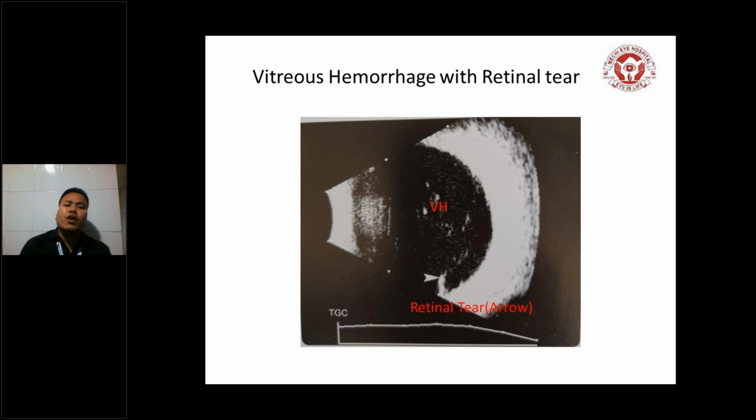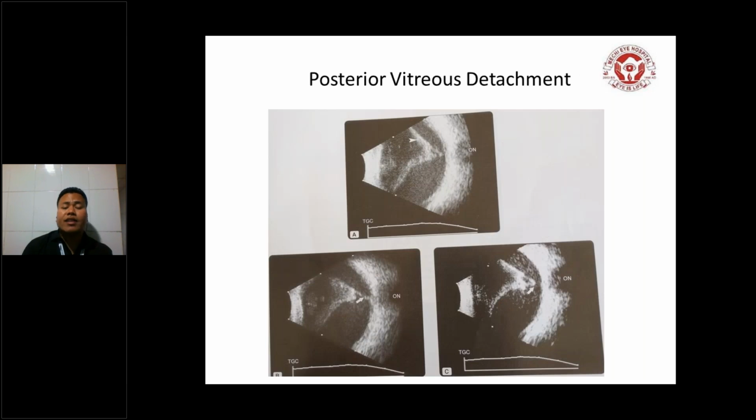Again, these are pictures of the same eye taken at a different angle. In the first picture, we can see there is a high reflective funnel-shaped echo attached with the disc. In the second picture, it is slightly less reflective and attached with the disc, but here we can see the configuration of the funnel shape has changed.